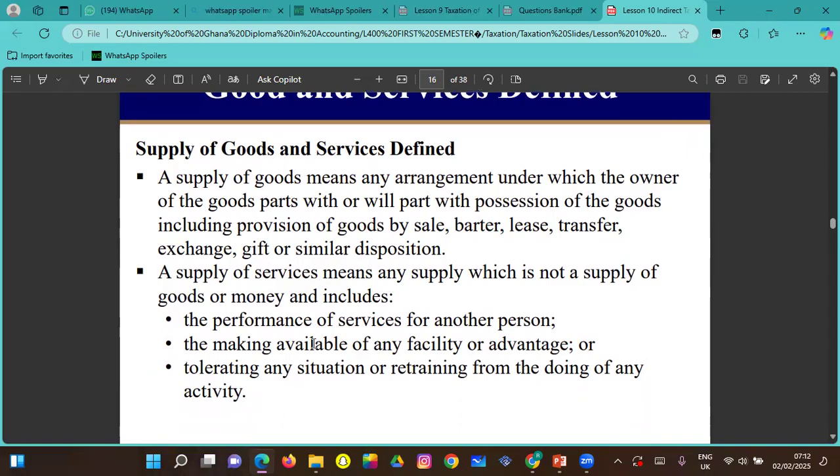Then the supply of service means any supply which is not a supply of goods or money, and it includes performance of service for another person, the making available of any facility or advantage, and also tolerating any situation or refraining from the doing of any activity.